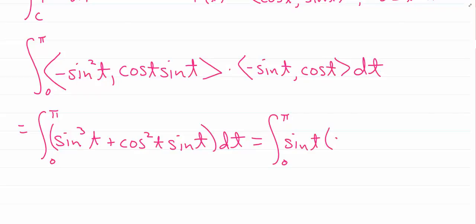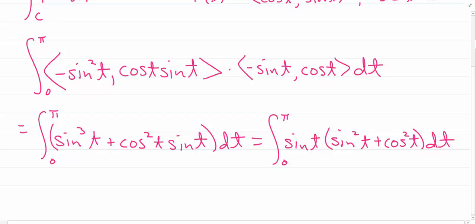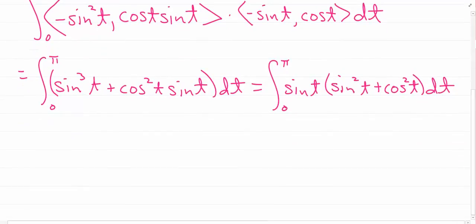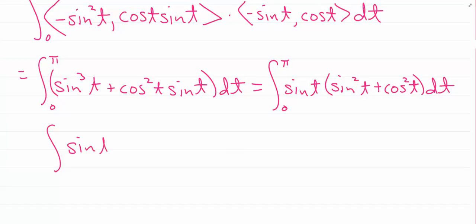And then I get sine squared t plus cosine squared t. I just love the Pythagorean identities, right? Because that's 1. And now we have an integral that a 2-year-old could do. It's just sine t dt from 0 to pi.